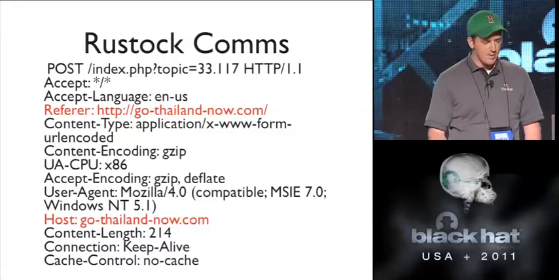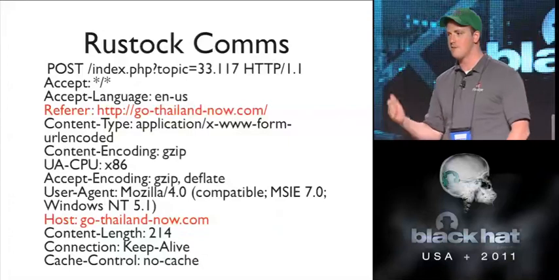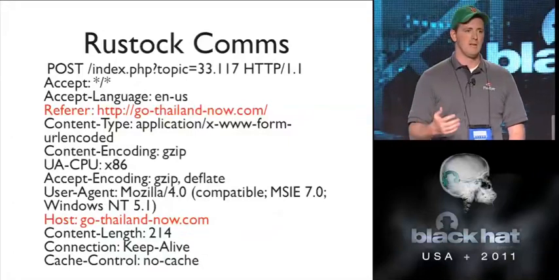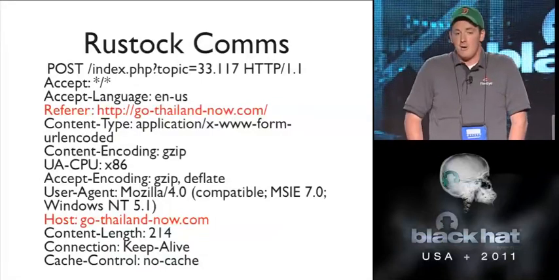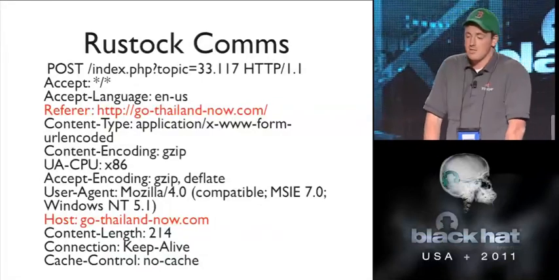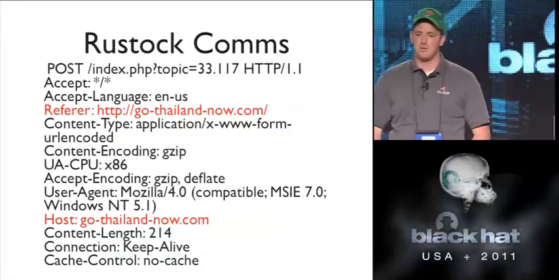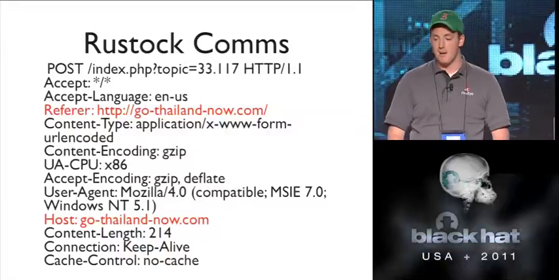But what was interesting about the way they changed their communications, and you'll see this throughout the different steps of their infrastructure, is that they're trying to fool different types of people with the different ways they do obfuscation. In this case, they're going after the network guys. If you're a network analyst looking for statistically strange URLs or URI calls, or maybe strange headers or user agents, they embedded a proper user agent.